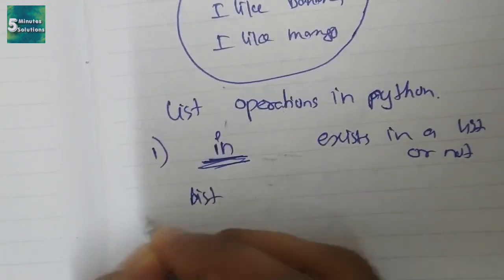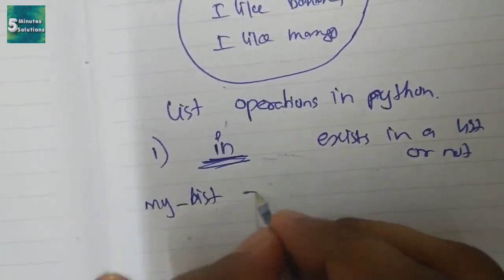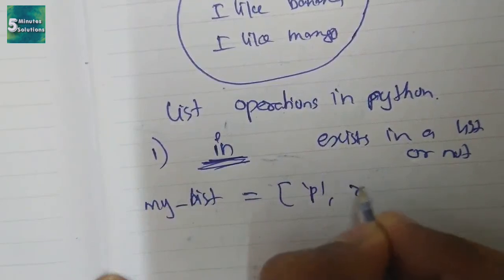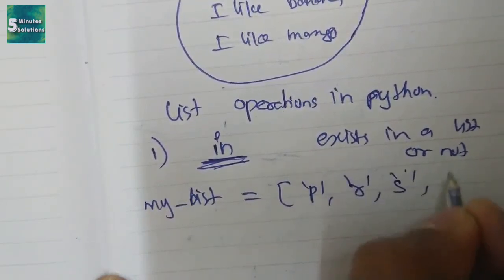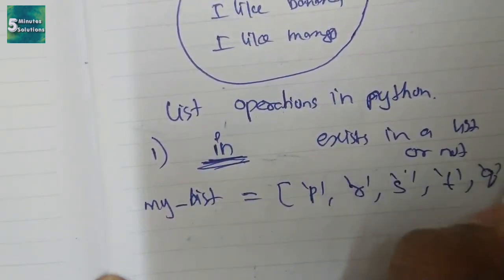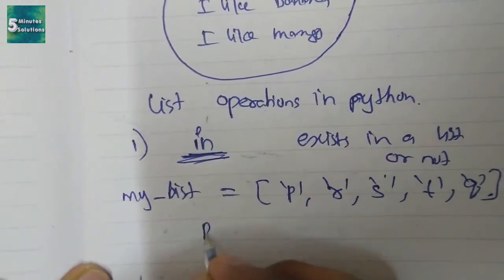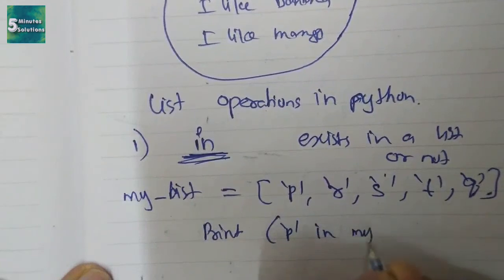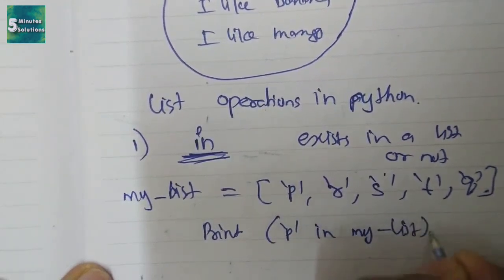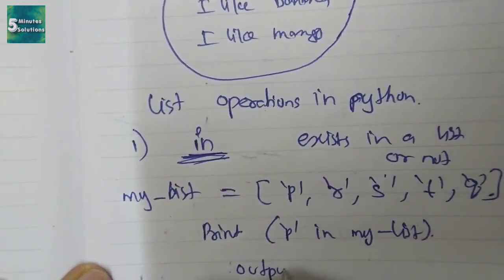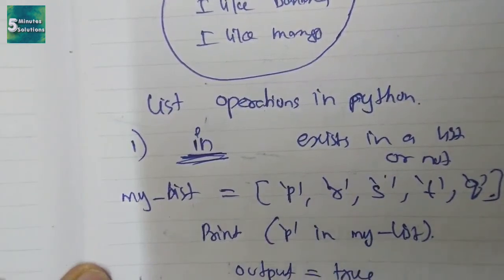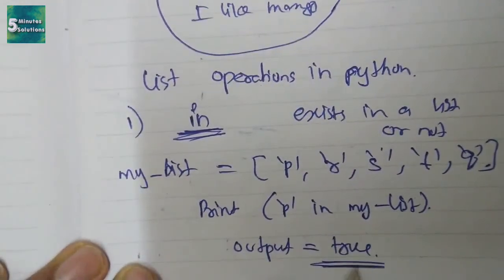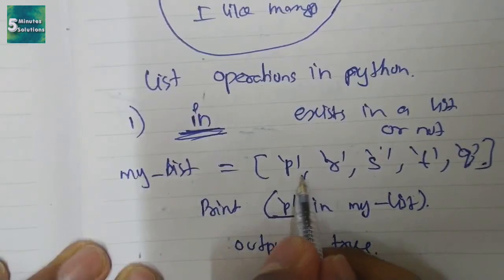Let's take my_list of P, Q, R, S, T. Now just write print P in my_list. Then it will give you the output as True, because P exists in the list.